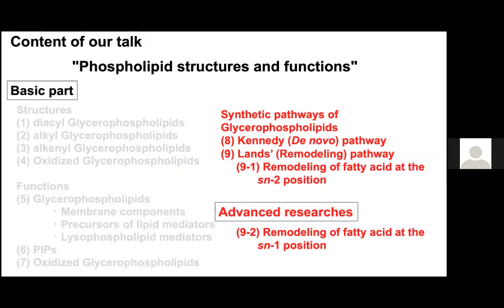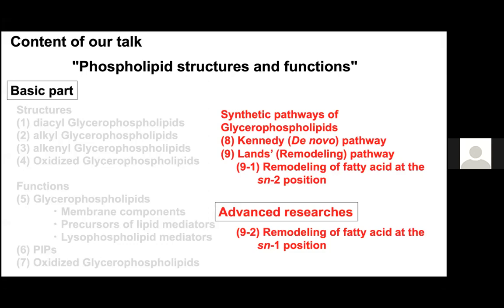Now, I'd like to turn to the biosynthetic pathway of glycerophospholipids. In order to understand the significance of the diversity of glycerophospholipids, as I mentioned, it is necessary to understand the molecular mechanism by which the diversity is formed.